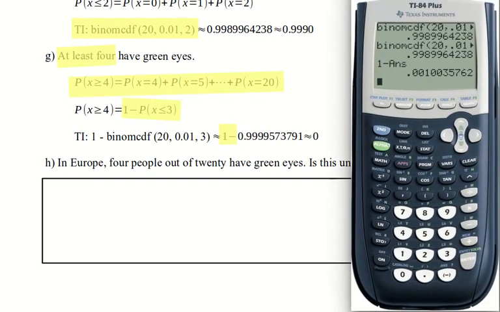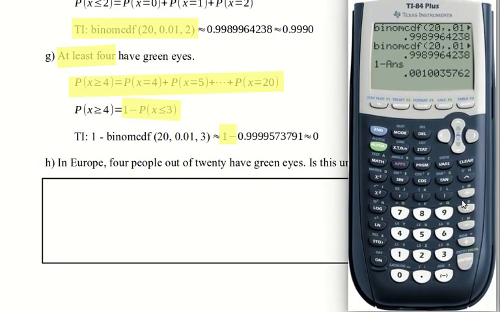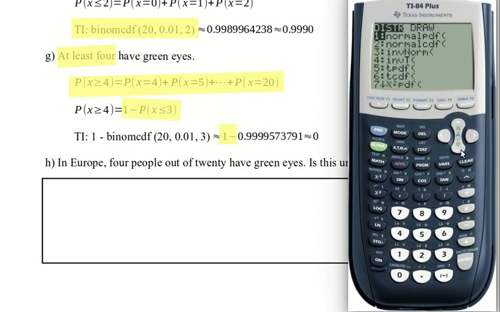So I'm going to re-enter this from scratch. So let's do 1 minus. I'm going to go into the distribution menu. I'm going to go down to a binomial cumulative distribution function. You could have just pressed B to get there. So trials, still 20. The probability of success, still 1%. I'm interested in the cumulative distribution function up to 3.